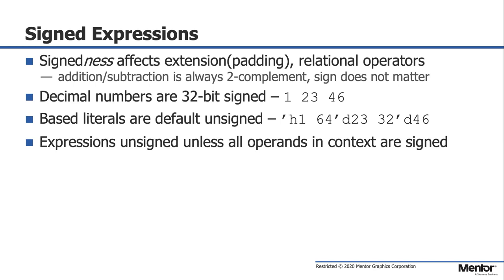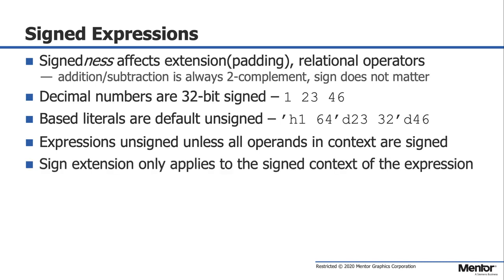And expressions are unsigned unless all operands in the context are considered signed. So as soon as you have one unsigned operand, the whole expression becomes unsigned. And when you do sign extension, it only applies to the signed part of the expression.